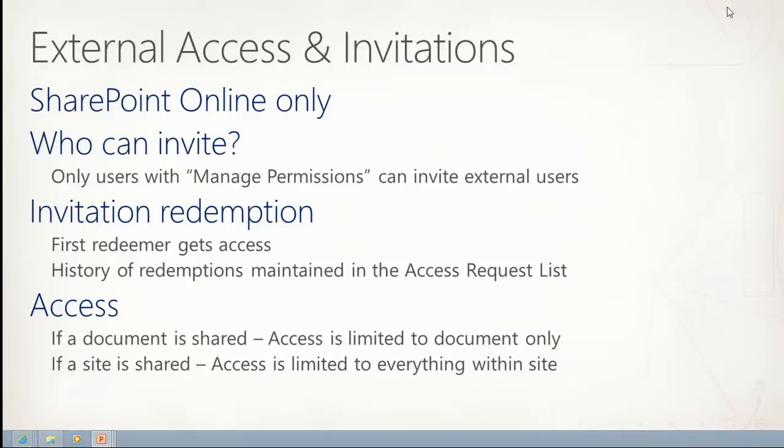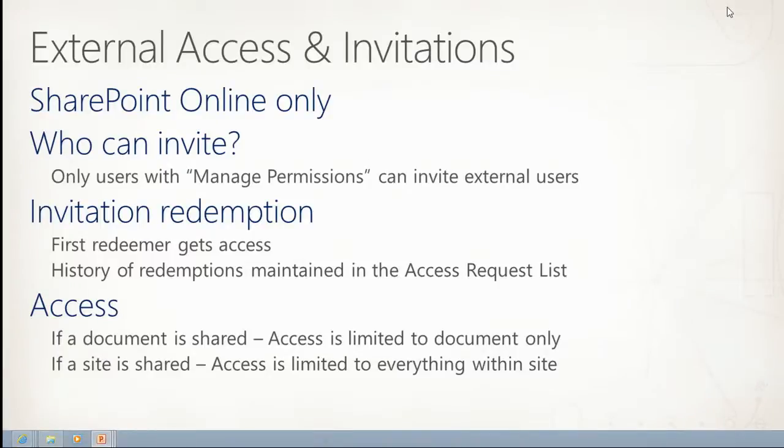And for whatever reason, she decides to not accept the invitation, but forward that to Lionel. And Lionel decides to accept the invitation by clicking on the link. Because he's the first one to redeem the invitation, he will get access. And if Mary tries later to get access through that same invitation, she will not be able to get through. So we give access to the first person who redeems an invitation.